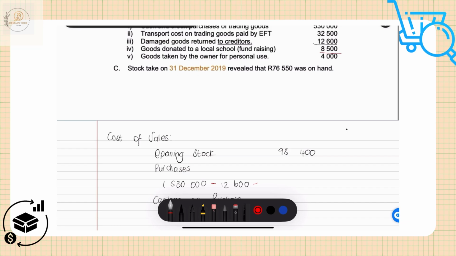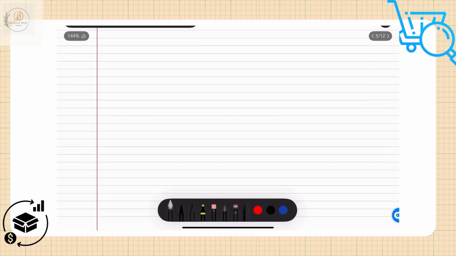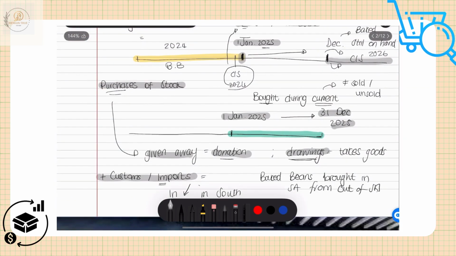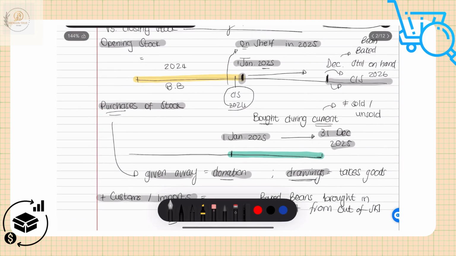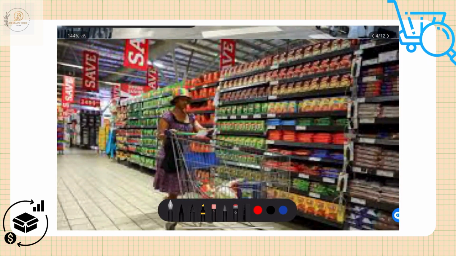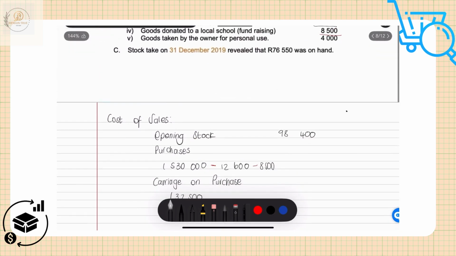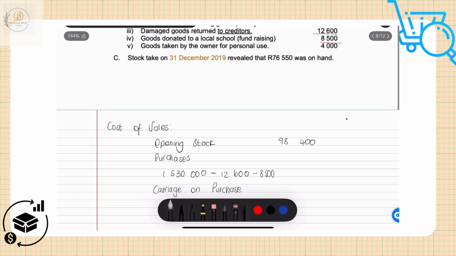Here, 8,500. Just like our formula, nothing is changing. Where did we put that? In our previous discussion: net purchases takes into account drawings and donations. In this example, donations is what they are referring to. So donations of 8,500.